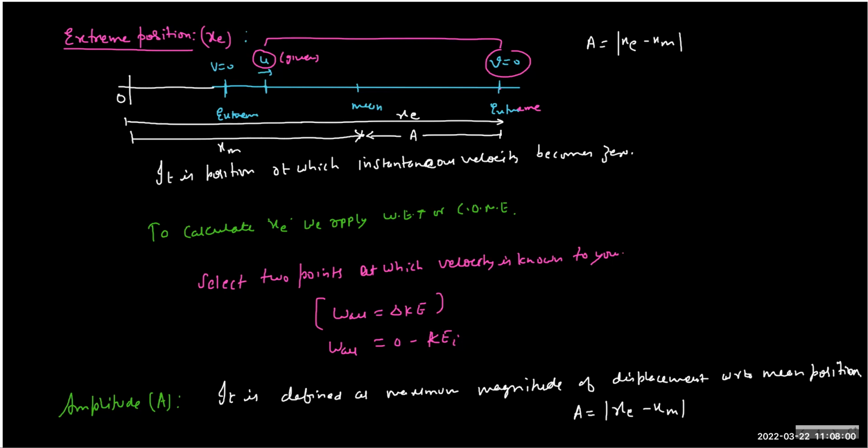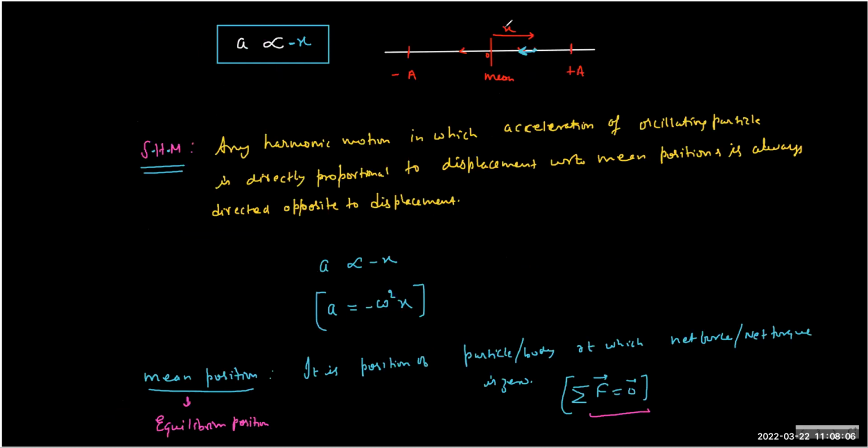Is this clear? Yes. So there are confusing elements. Like see, when I use the x here, then this x is the displacement from the mean position. So for example, if I call this the x-axis, and this the origin, then I cannot take this as x. Now this is a wrong definition.